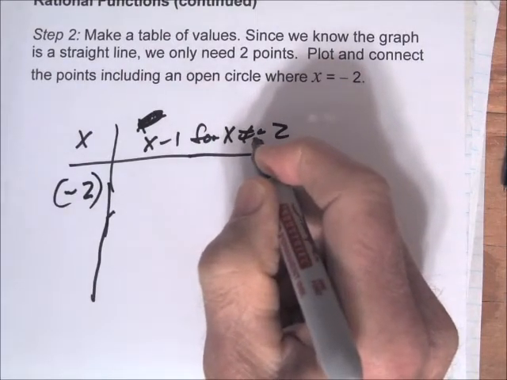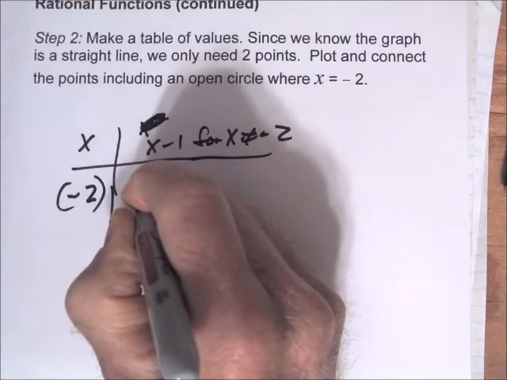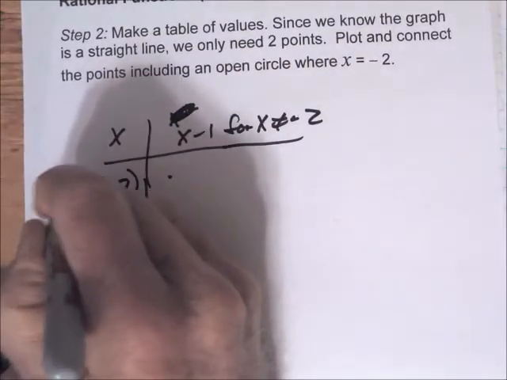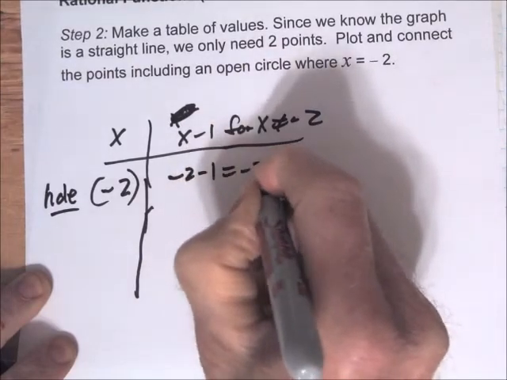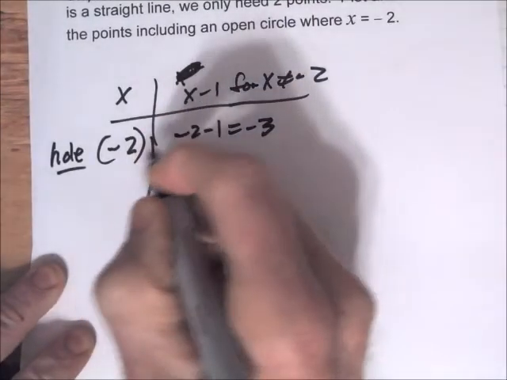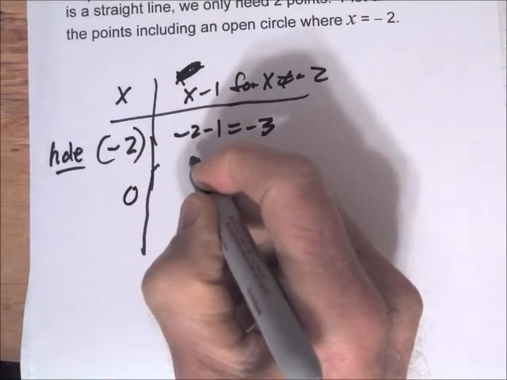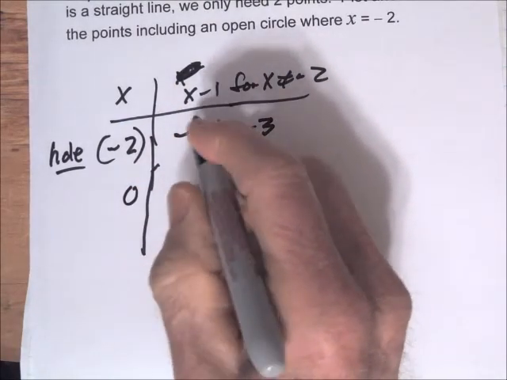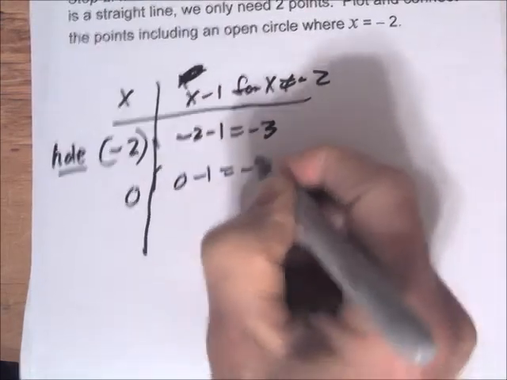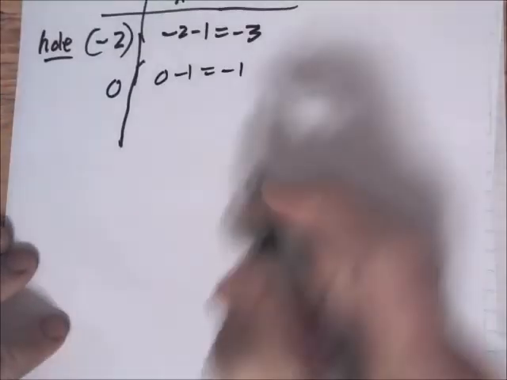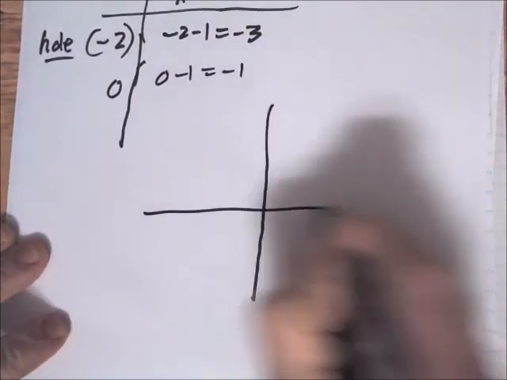The function is undefined when x is negative 2, but we need to know where the hole is. This is going to be the hole, and it's going to be negative 2 minus 1, which is negative 3. There's going to be a hole at that point. And really, we only need one other point. Let's do the y-intercept. 0 minus 1 is negative 1.